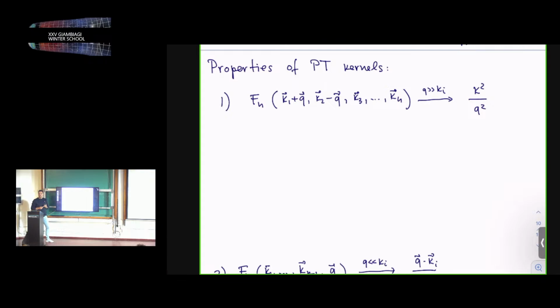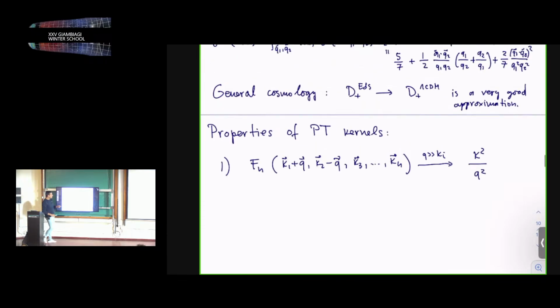Okay, and this is not a coincidence. So if you look at this second order solution, this property may not be obvious because there are these constant terms. So you may generically think that whatever limit I take here, maybe I will get a constant or something like that. But no, the answer for any of these kernels is going to be such that in this particular limit, things scale like k squared over q squared.